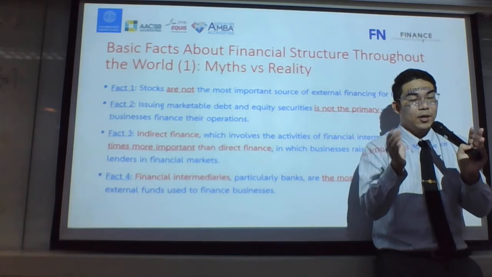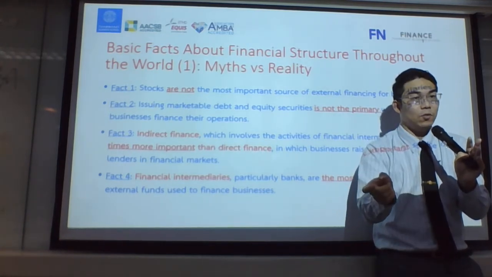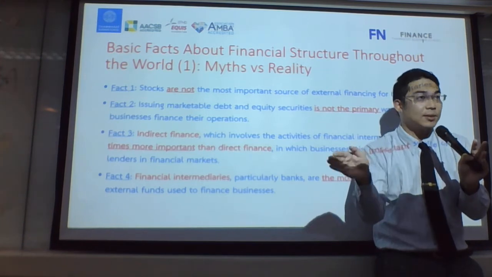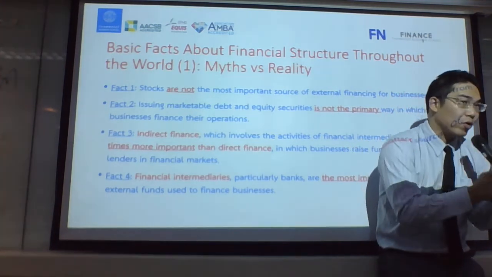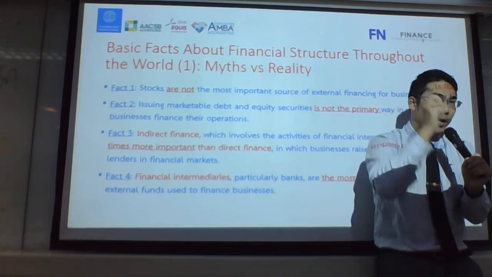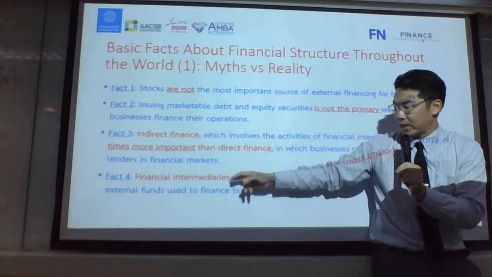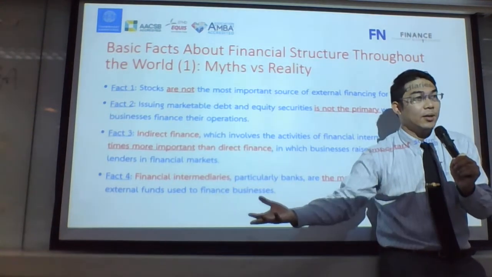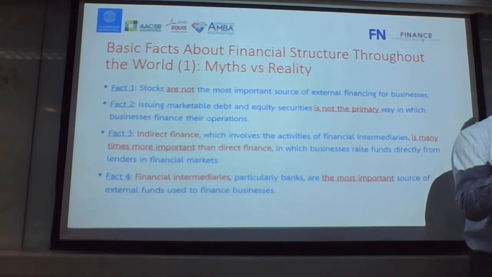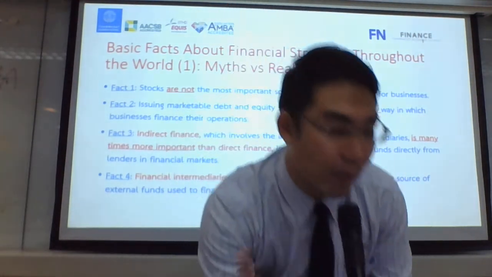If you borrow money from your friend, we call that direct finance. If you borrow money from the bank, we call that transaction indirect finance, because the bank, or financial intermediary, is the third party in your transaction. So at this point you can distinguish between direct and indirect finance.